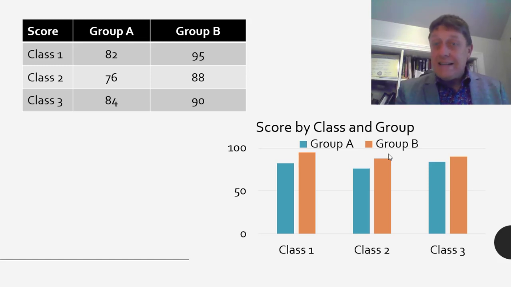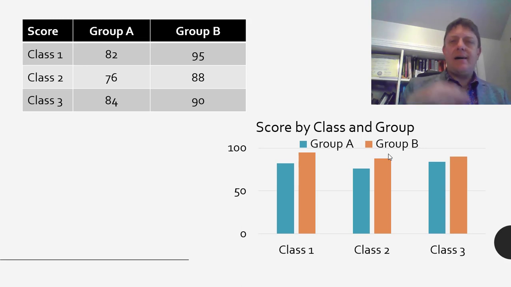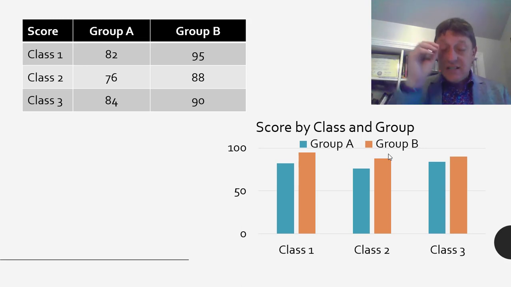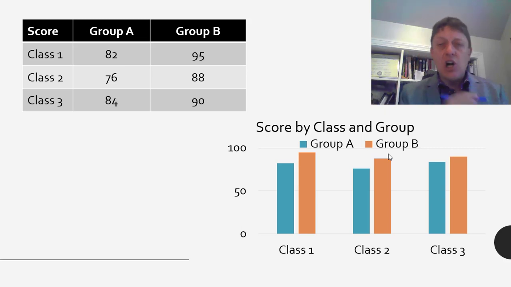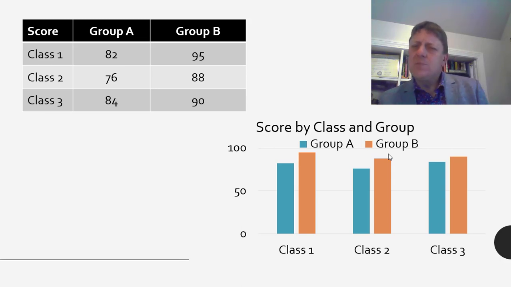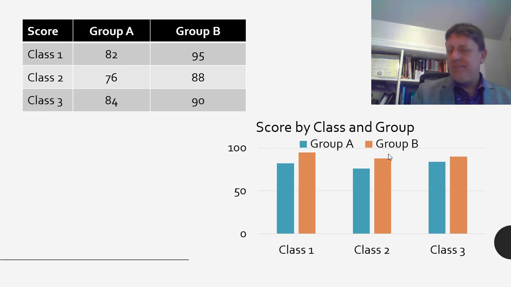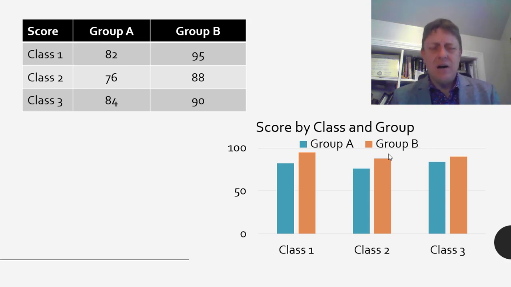But the whole point is about group or class differences. And what do you see? If you're like me, you see a consistent difference between group A and group B, whatever those might be, regardless of what class you're in, and not much difference between classes overall, or at least not an immediately perceptible one.